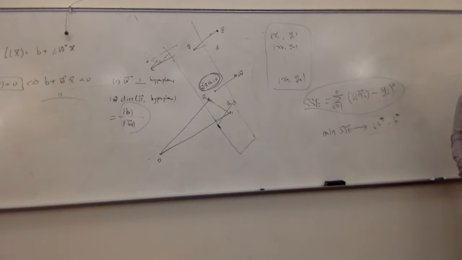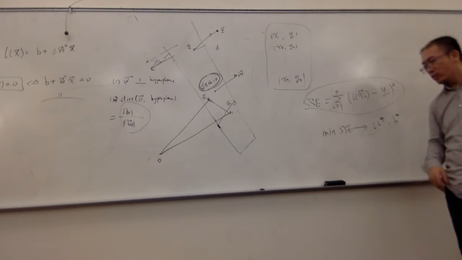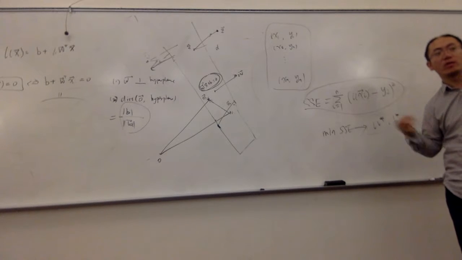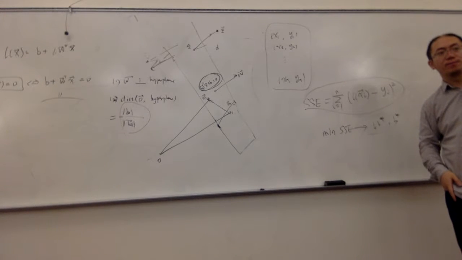Your classifier's output minus the label: the classifier output is some real value, so it could be like 1.5, 2, or even 10. Oh, right. Yeah, because when we do the classification, we need to check whether it's positive or negative.